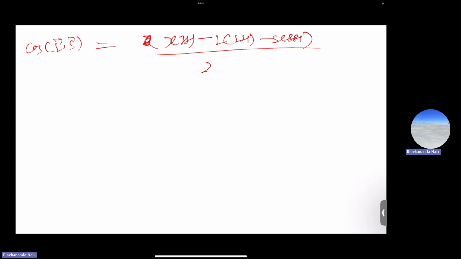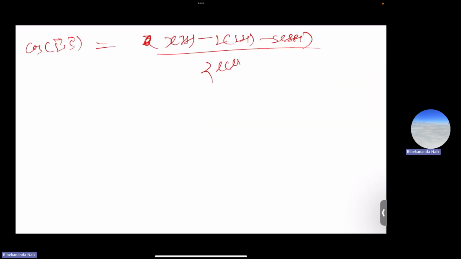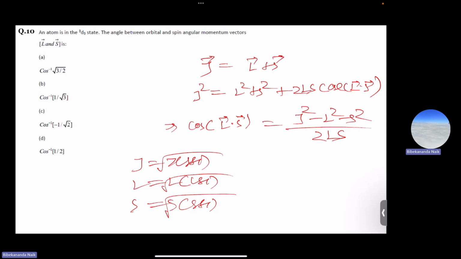So if we put here, cos of the angle between L vector and S vector will be J square, which is nothing but J into J plus 1, minus L into L plus 1 minus S into S plus 1, divided by 2 times root of L into L plus 1 times root of S into S plus 1. Now, this is 3D3. For 3D3, we have S equal to 1, L equal to 2, J equal to 3.